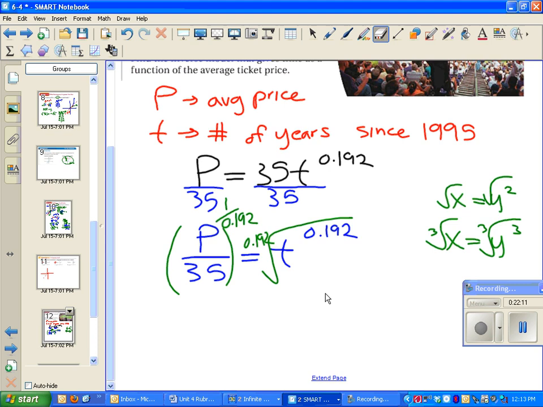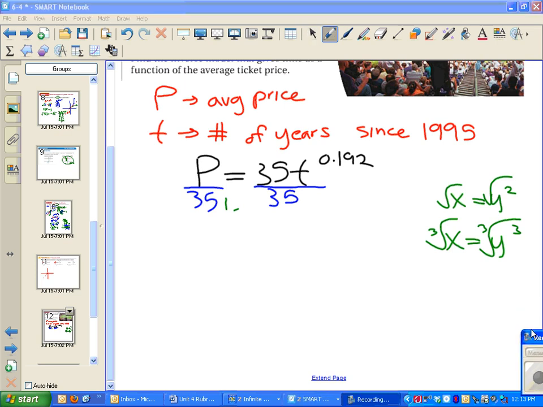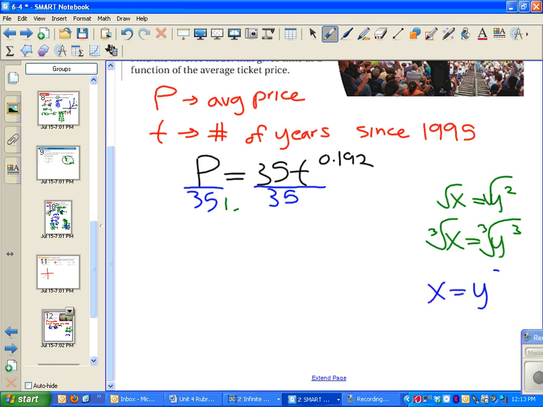Okay, so let me explain that again if that didn't make sense. If we have x equals y cubed, we can take the cube root, or we can raise this to the 1/3 power. So x to the 1/3 is the same thing as the cube root.